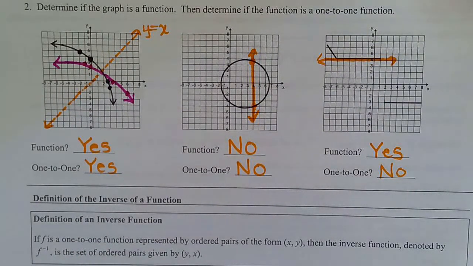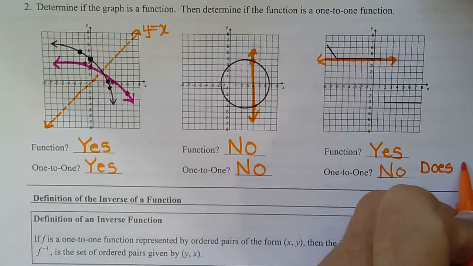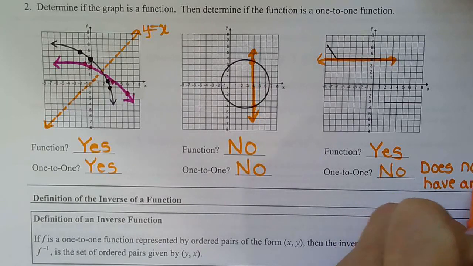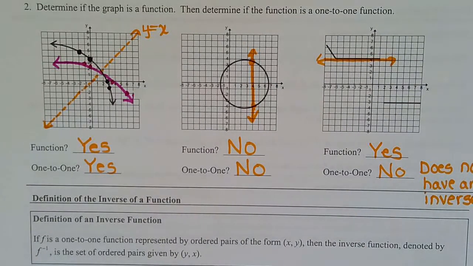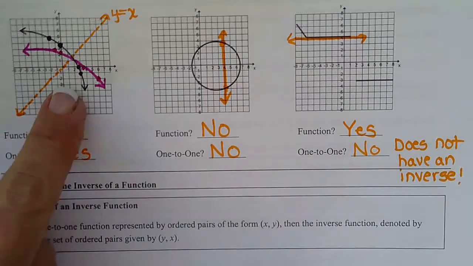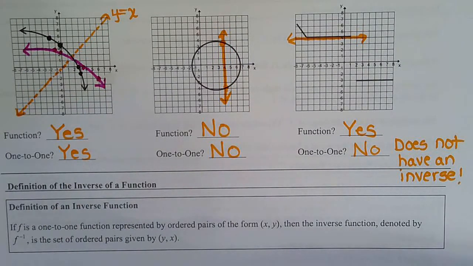So that one does not have an inverse. Although it is a function, it's not a one-to-one function, so we would not be able to do this on the graph. What it means is if you did switch all the points around, they would not be mirror images.